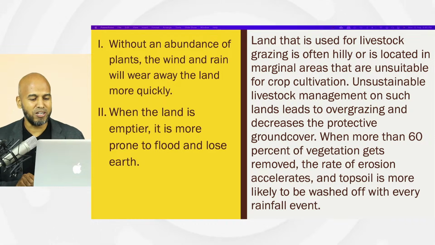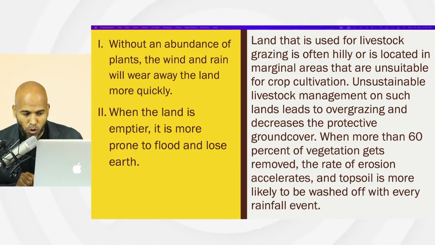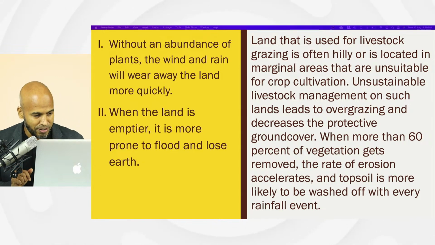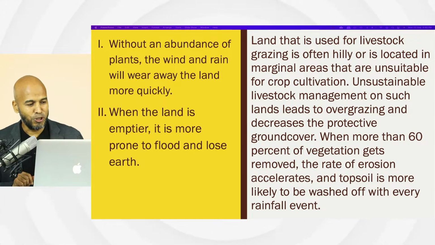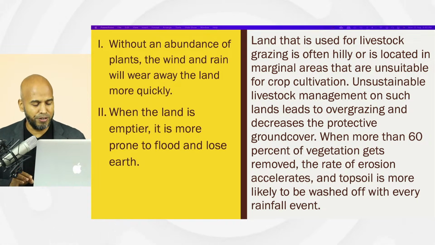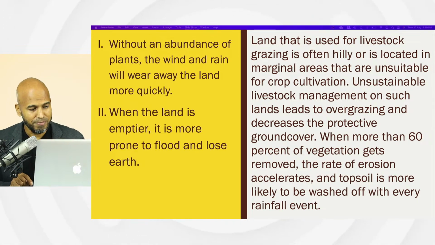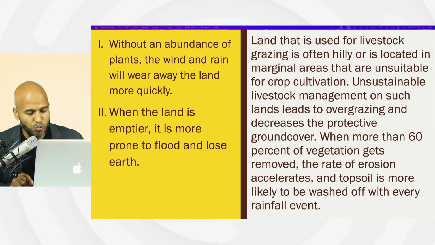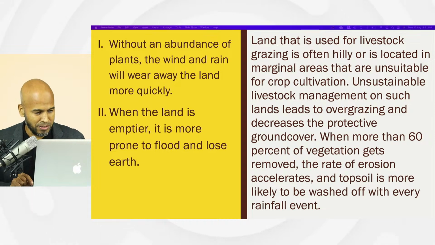Unsustainable livestock management on such lands leads to overgrazing and decreases the protective ground cover. So without an abundance of plants, there is less protective ground cover. When more than 60% of vegetation gets removed, the rate of erosion accelerates, and topsoil is more likely to be washed off with every rainfall event.